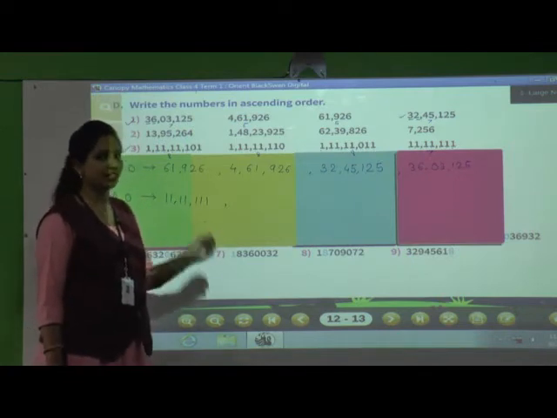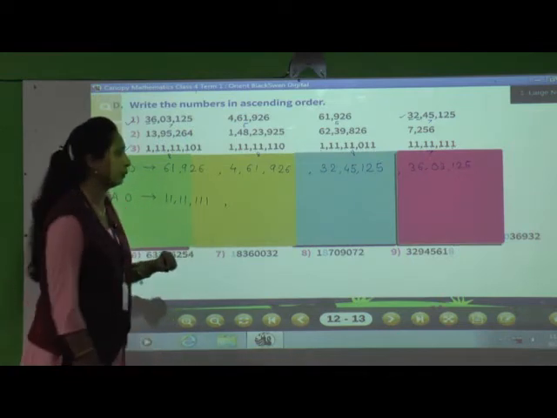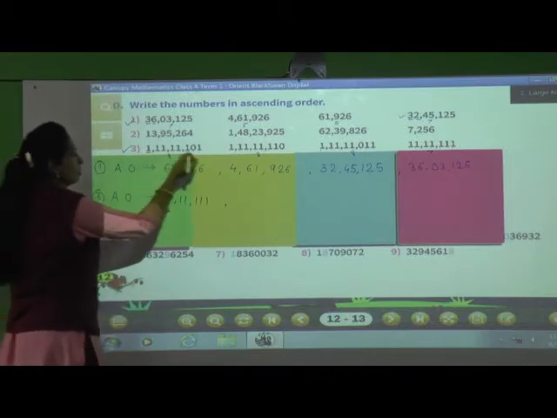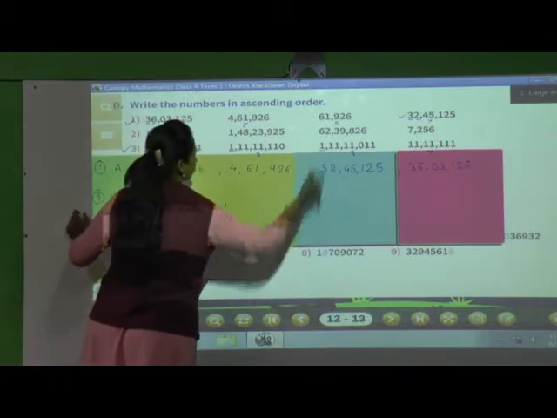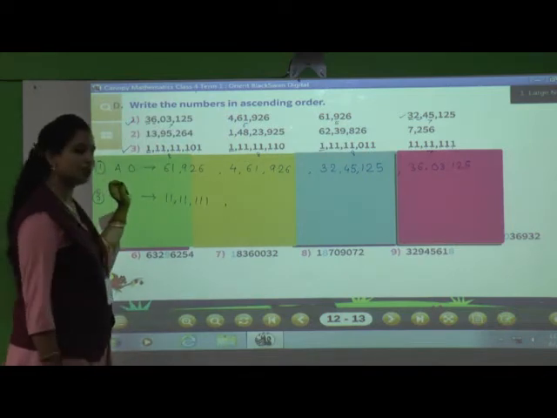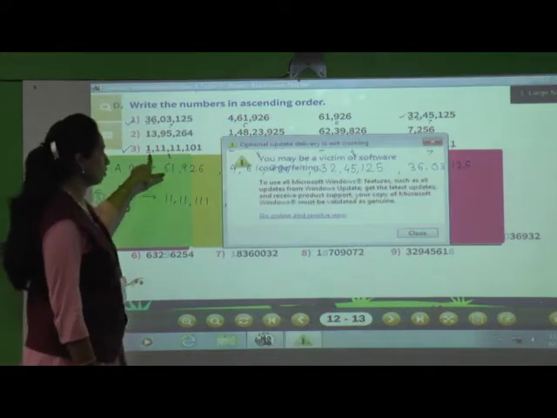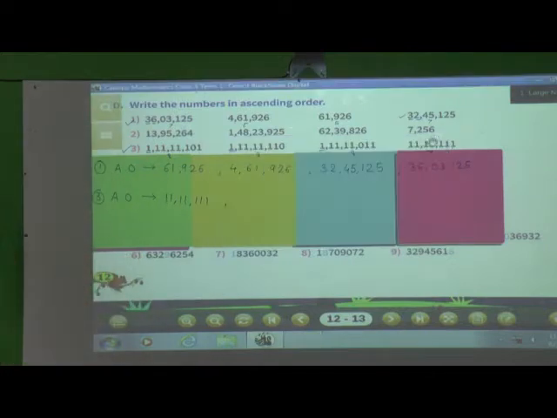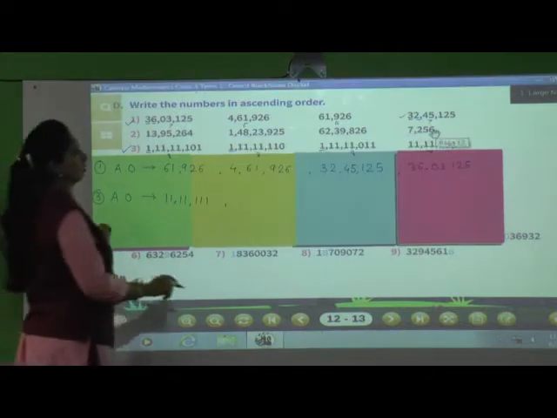We have to underline the highest place value, that is the first digit, and see which is the smallest number. Now see, here also 1. Now you can see.